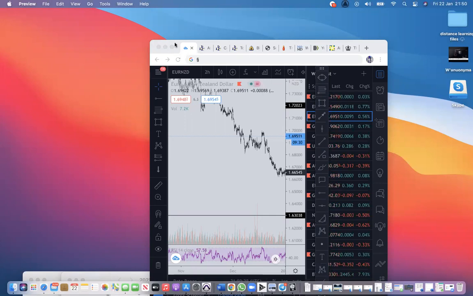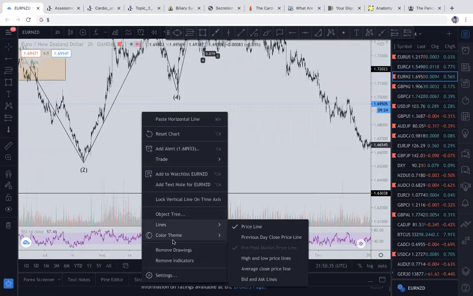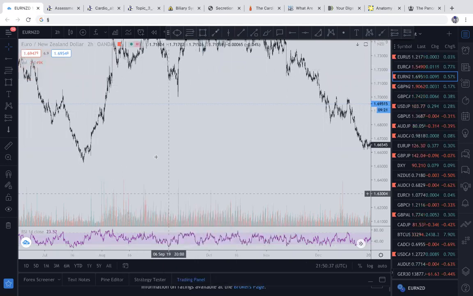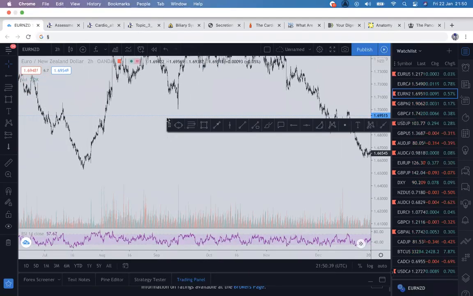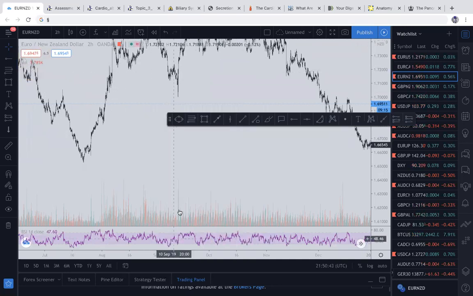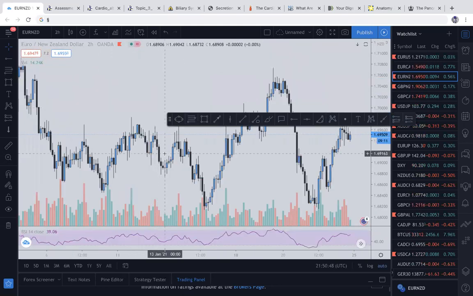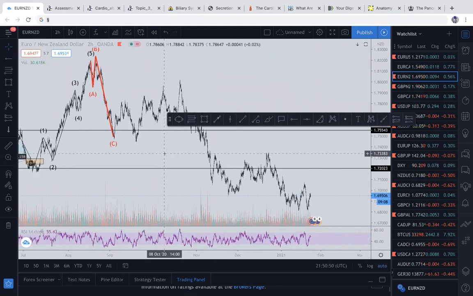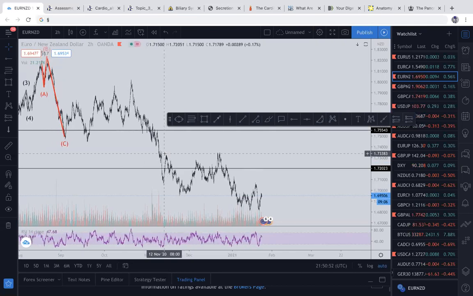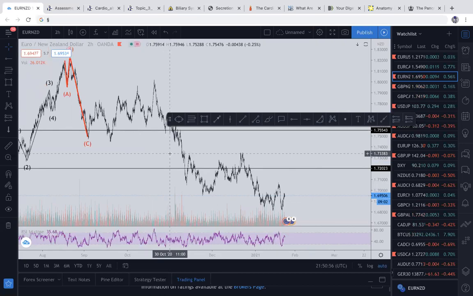The best part of it all is that we have been able to treat all the market structure values that we need in order to be profitable, in order to trade harmonic patterns correctly. We have done that from Wednesday up until now. And that should set the tone for you.